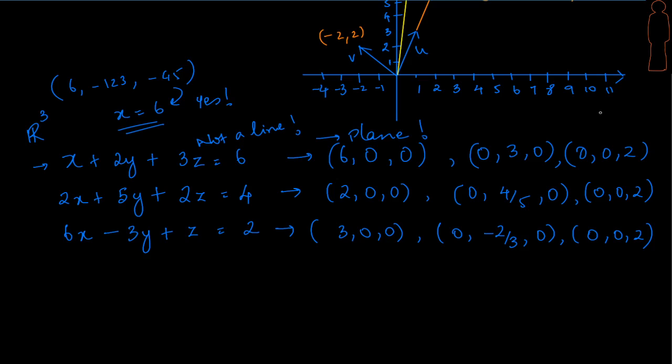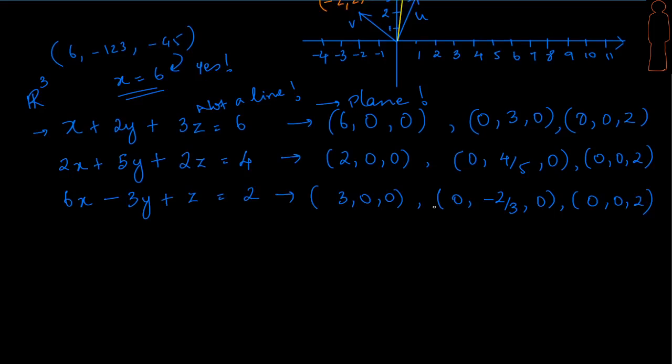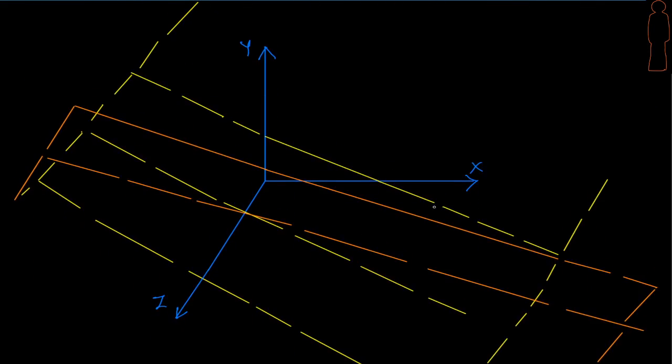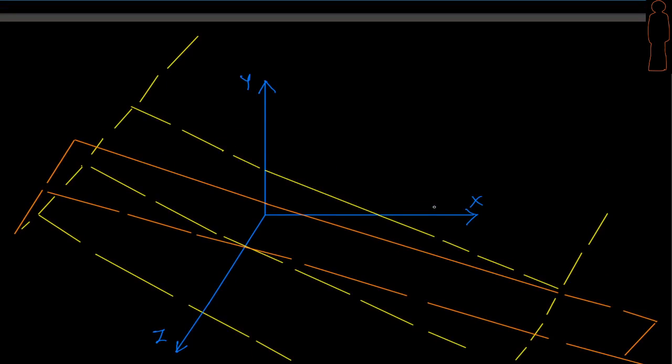So remember at least the points: I have 6, 0, 0, 0, 3, 0, and there's a 2, 0, 0 and a 0, 0.8, 0, right? So let me try and show you the figure. So this is how complicated it's going to get when we try to draw the planes in R3.